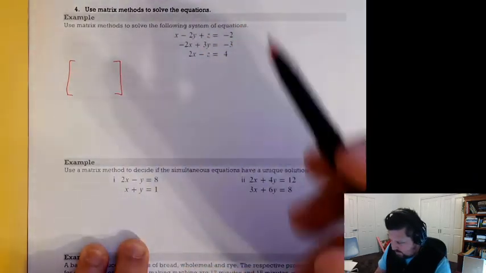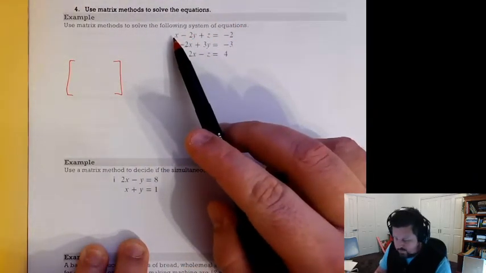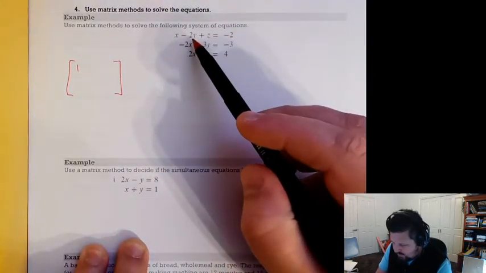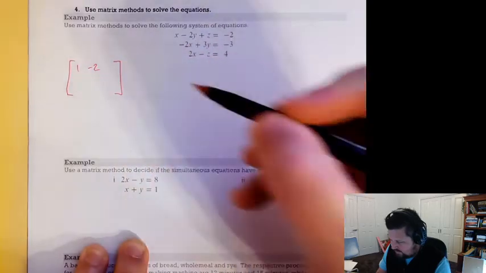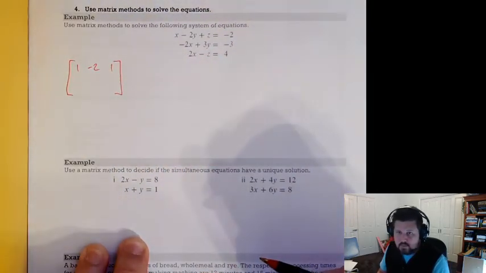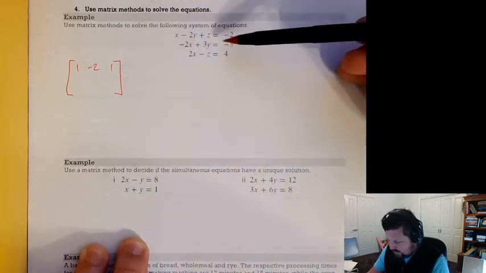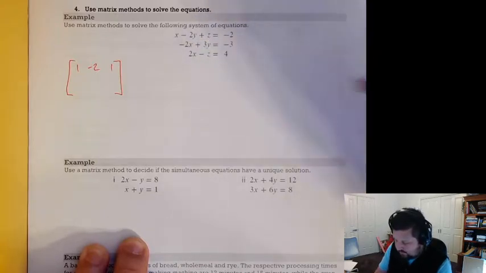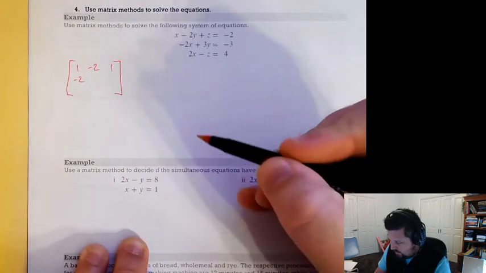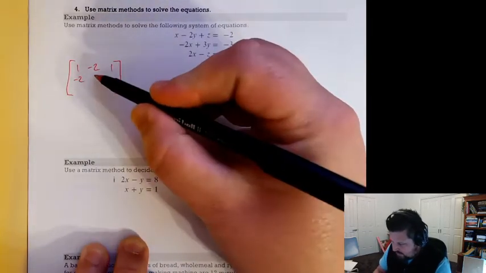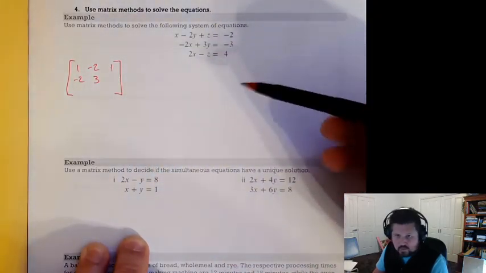For the first equation, even though it's not written there, we know that's one lot of x, so there's a 1. In front of the y variable, it's a negative 2. And in front of the z, it's a positive 1, even though it's not written there. For the second equation, the coefficient in front of the x is negative 2. We've got positive 3 lots of y. And you'll notice straight away they're trying to trick you a little bit here.